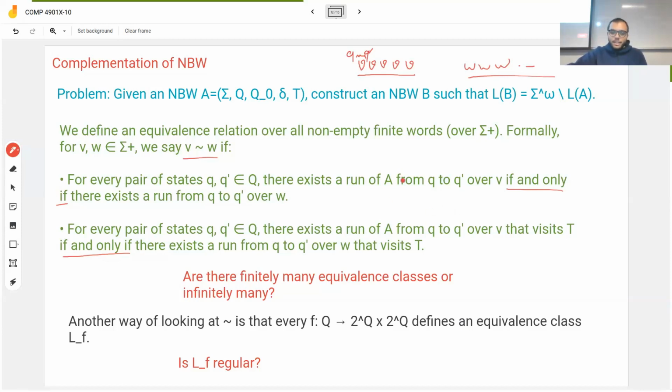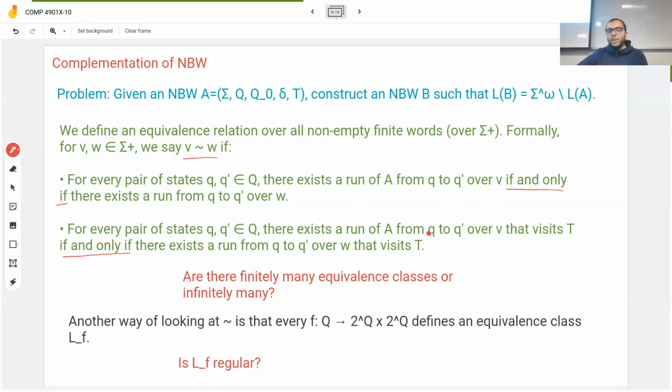But here's the thing. I can basically encode each one of my equivalence classes as some sort of function. Let's say I have a word v. What does this equivalence relation mean? It means that the only things that I care about for this particular word v are two things. First of all, from every state q, which other states q prime can be reached using v?